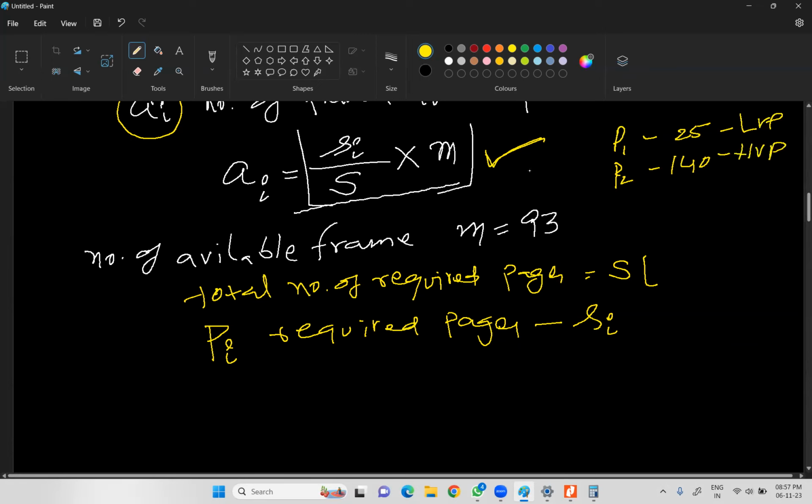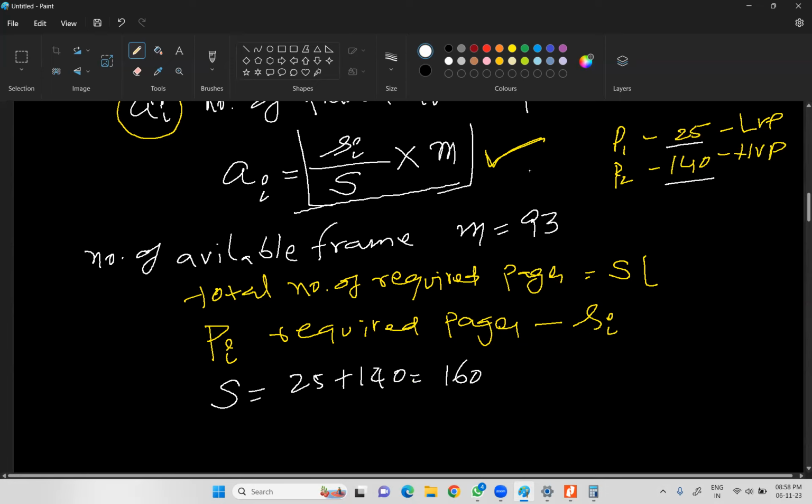So proportionally, the lightweight process requires very few frames. Actually, you need 25, but 25 cannot be allocated to you. 140 is required, but 140 cannot be allocated, because M is not equal to S. As far as this is concerned, capital S will be equal to 25 plus 140, which is 165.